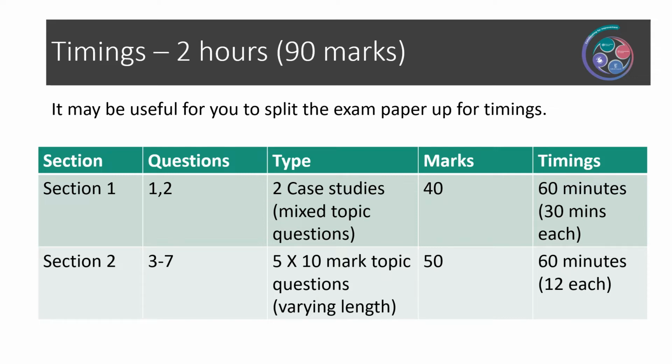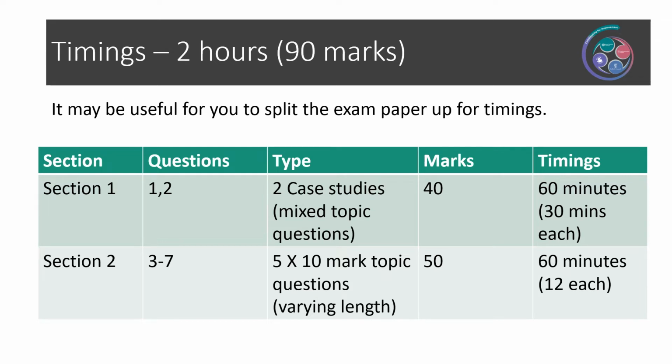What you'll find is that they'll have quite possibly understanding business topics mixed in with marketing, mixed in with operations. It really just depends. And those 2 questions in total are worth 40 marks. So your rough timings would be 60 minutes for section 1. So if you split up your question 1 and question 2 into 30 minutes each, then that should provide you enough time, taking into consideration that you need to read the case study as well.